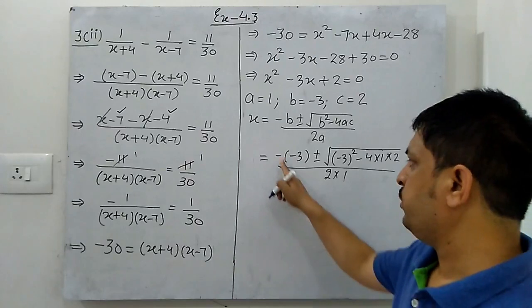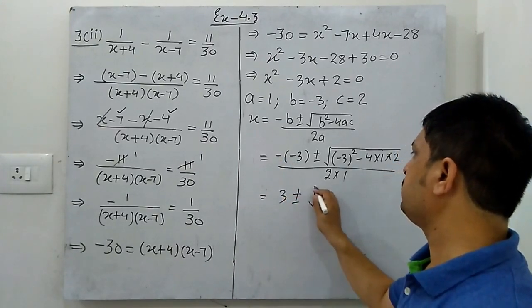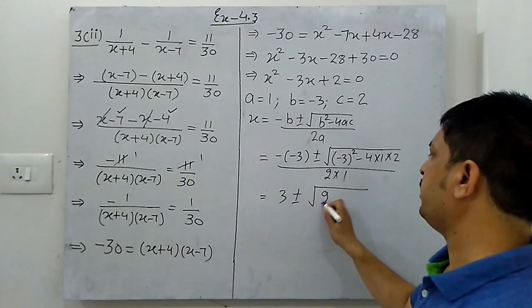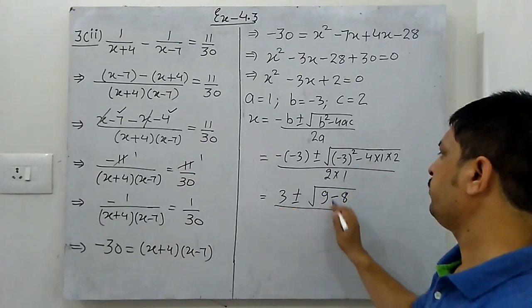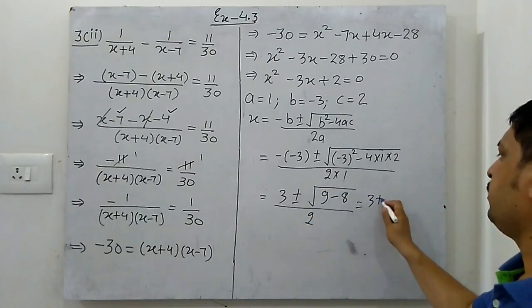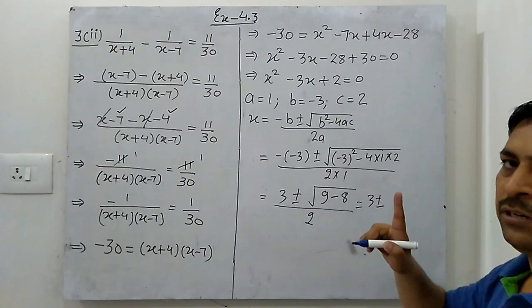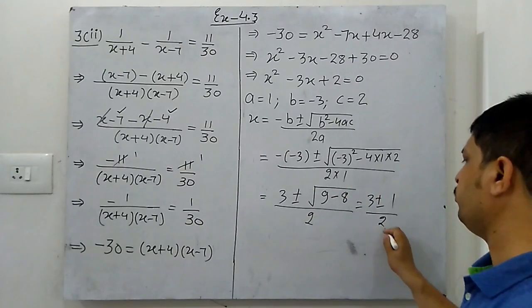Clear? So negative negative positive, it is 3 plus minus. Minus 3 square is 9, 4 2s are 8, upon 2 into 1. So 3 plus minus 9 minus 8 is 1, and square root of 1 is 1, upon 2.